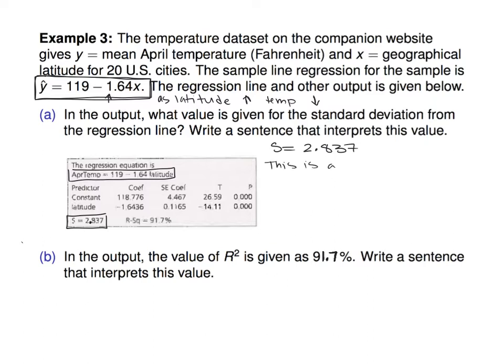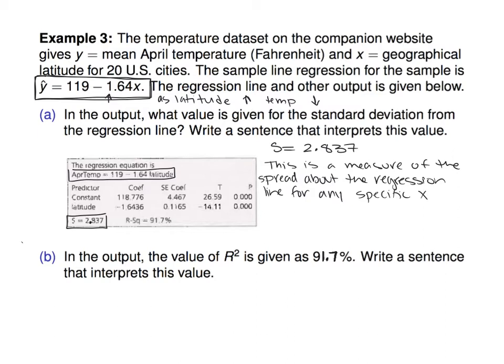So this is a measure of the spread about the regression line for any specific x, and an x value is a latitude. Latitude. Can't speak and spell. Latitude. And things like your empirical rule would apply to this.